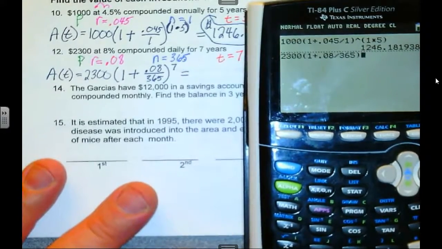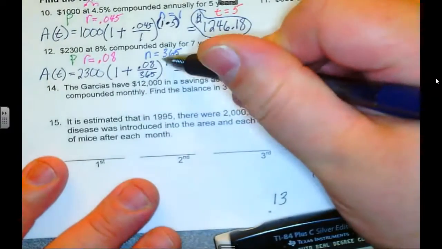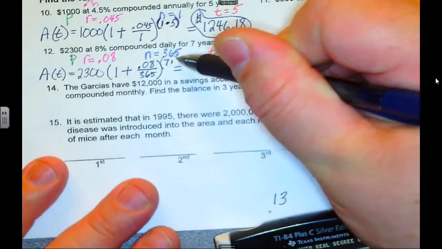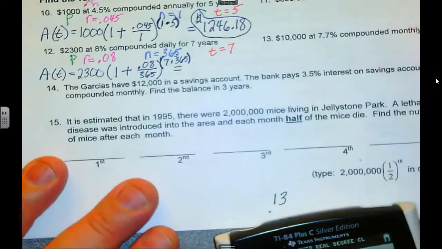parenthesis, raised, oh, I missed something. This should be 7 times 365, right, to the NT.